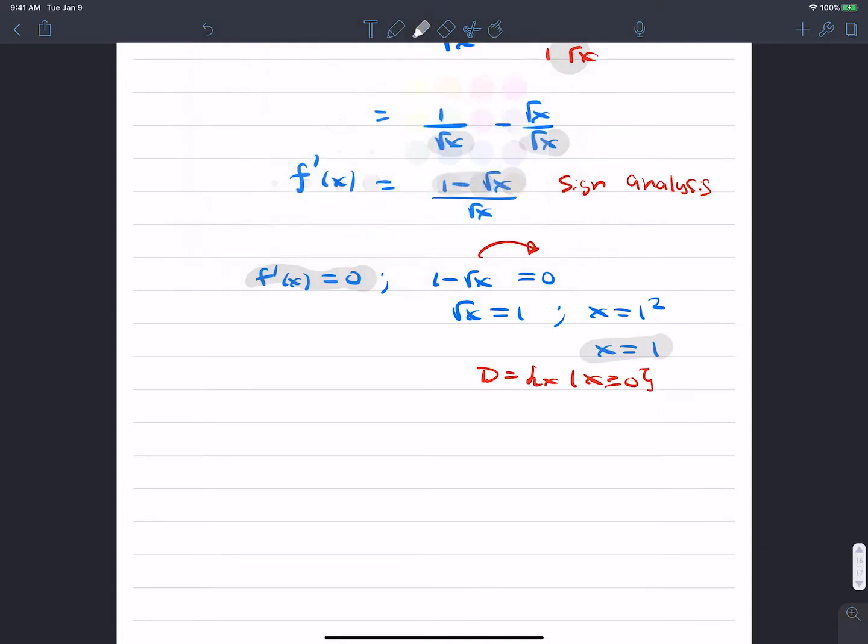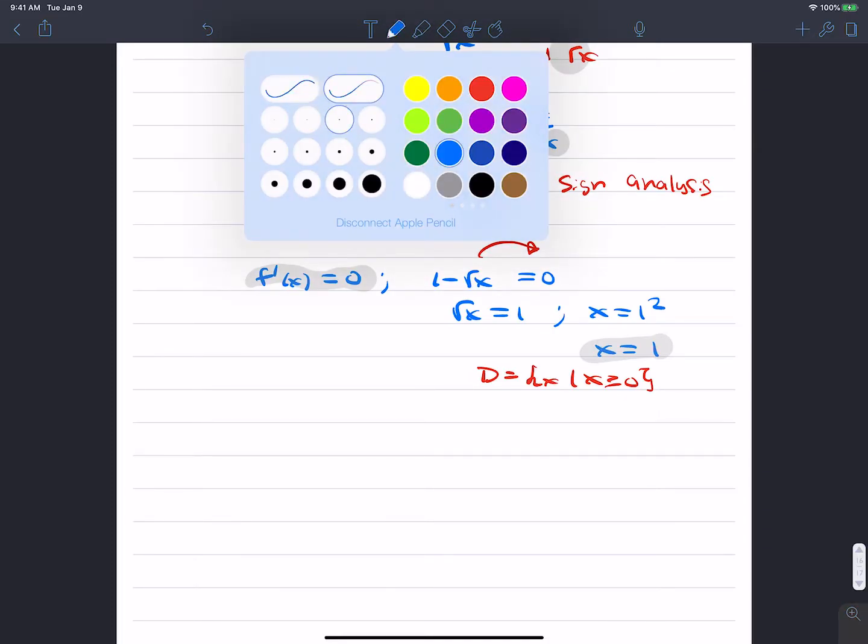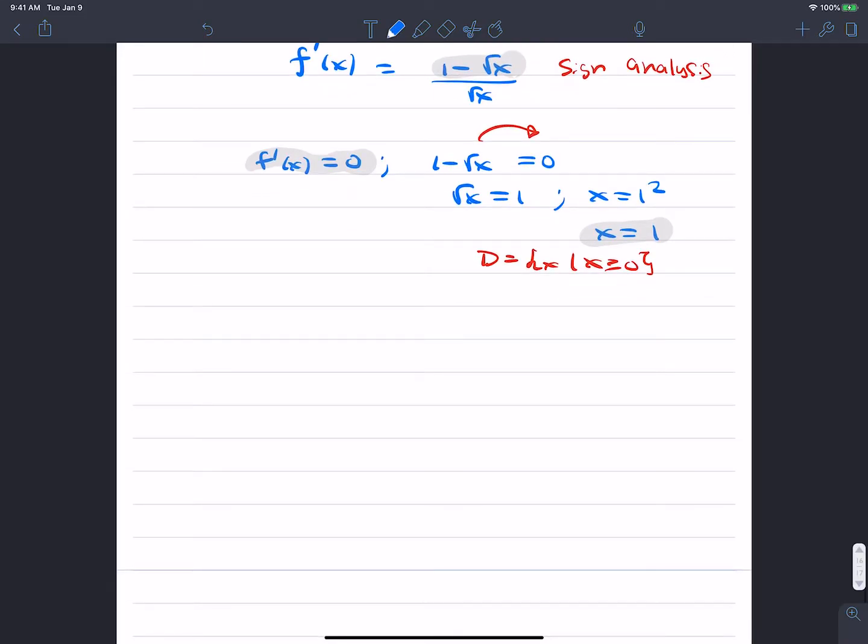All right, the second part. Where is that derivative undefined, right? It's a rational function. Where does that derivative not exist? Remember that? So this time we're going to have to set the denominator equal to 0.